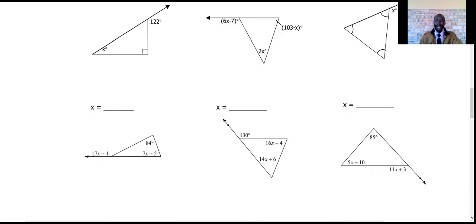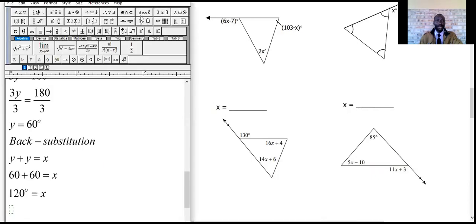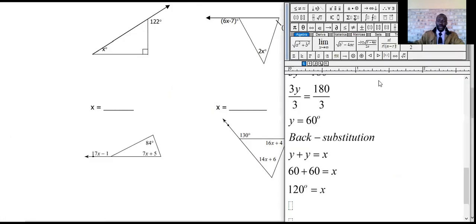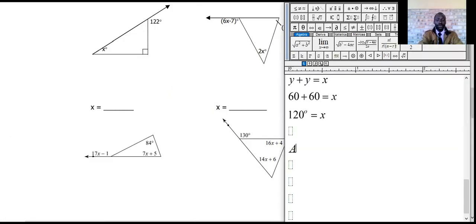17x minus 1. In other words, for activity 4, just to make it a little bit easier for you to see, what you're going to do is add 84 degrees to 7x plus 5.